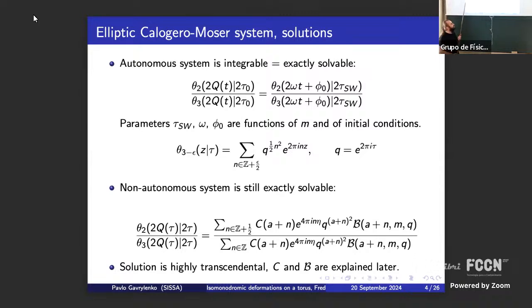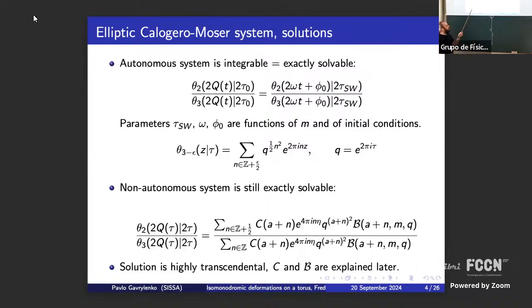So, about these explicit formulas. To solve the autonomous system, the solution looks this way. We have a curve with the parameter tau 0. This tau 0 is a period of the underlying curve. We have some covering spectral curve given by the equation k squared equals energy plus m squared times the Weierstrass function, and it has an antisymmetric involution, and its period is some tau, I call it tau Gavrylenko.